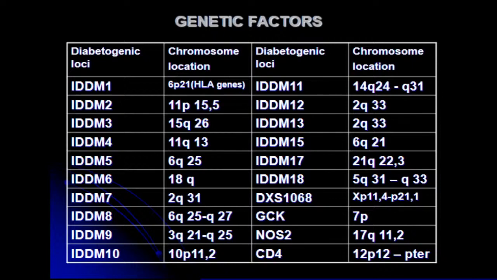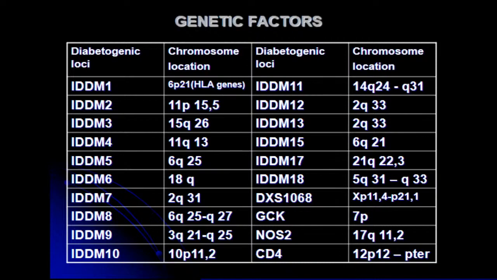You may see common genes with their chromosome location. The main one is IDDM1, where location human leukocytes antigen region. A genetic predisposition depends on diabetogenic genes on the short arm of chromosome 6, where location human leukocytes antigen region.